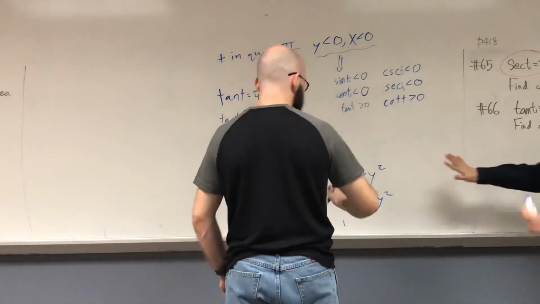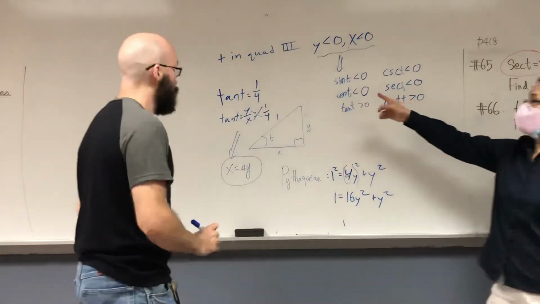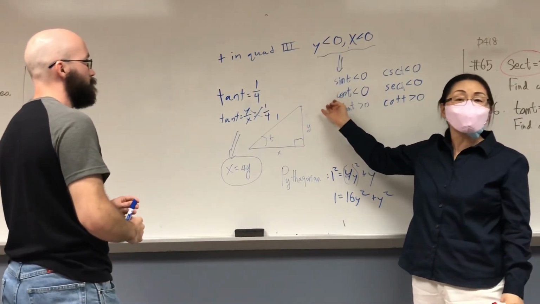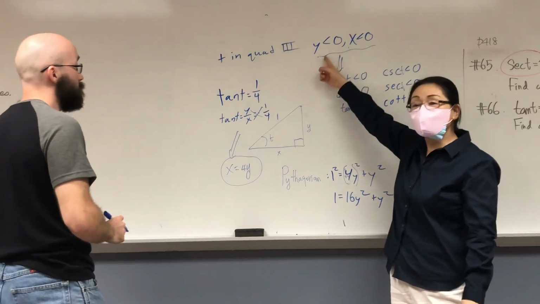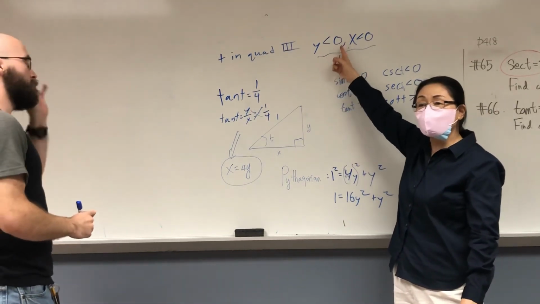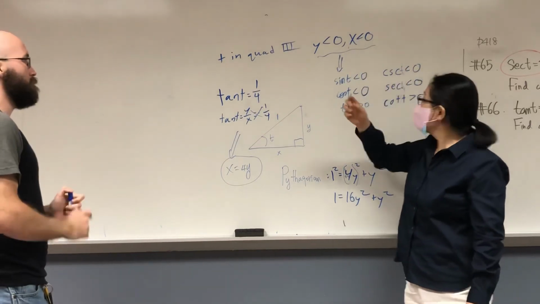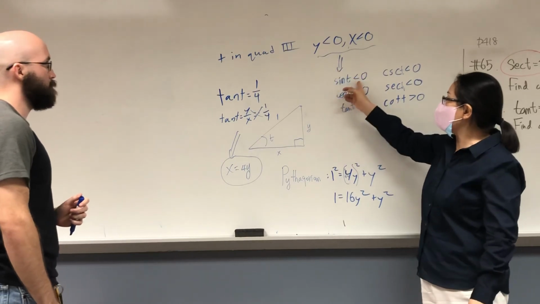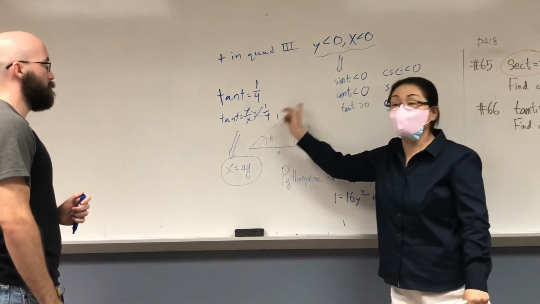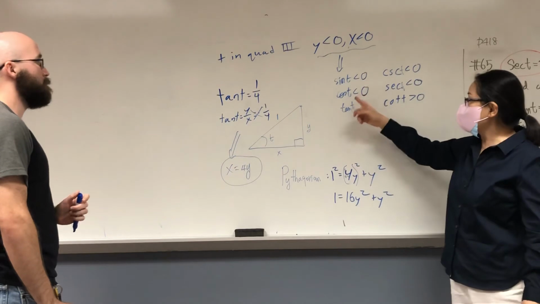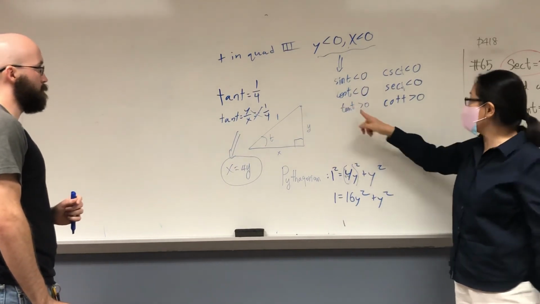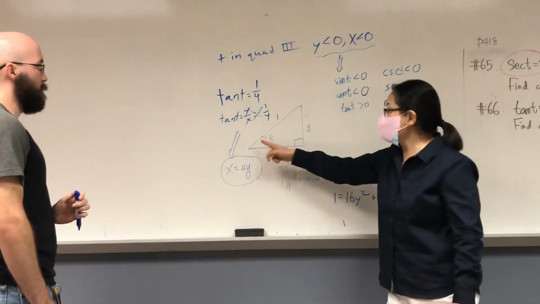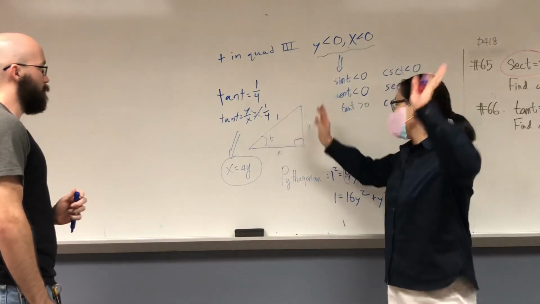Everybody, okay, stop. Do you understand this much? Because t is in the third quadrant, he figured out x is negative, y is negative. Here in the third quadrant, sine is negative because always this is positive, right? Sine is negative, cosine is negative, tangent is given as positive, and then you know all the signs. So we draw this triangle, can be t or t tilde.